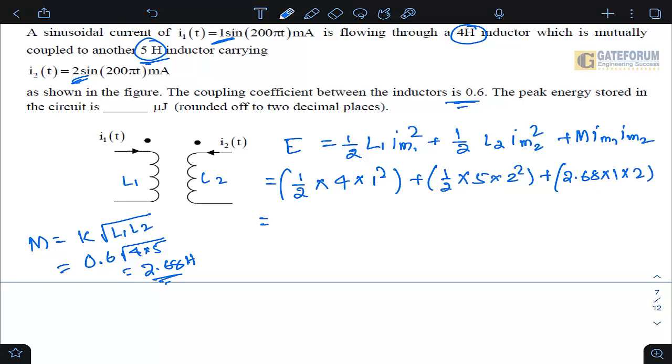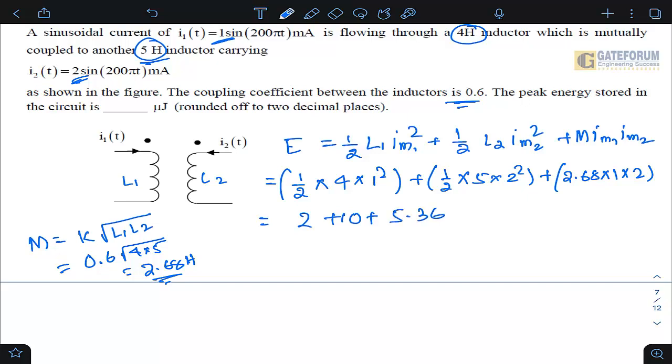So if you check it out, 4 by 2 is coming as 2 only, right? This is 2, and then this one is coming as 10, right? 25 into 4, 20 by 2 is 10, and 2.68 into 1 into 2, so that is coming as 5.36.